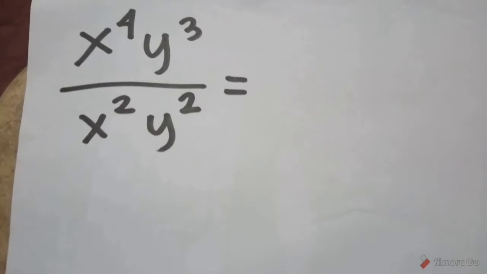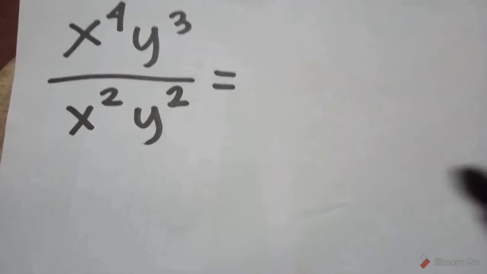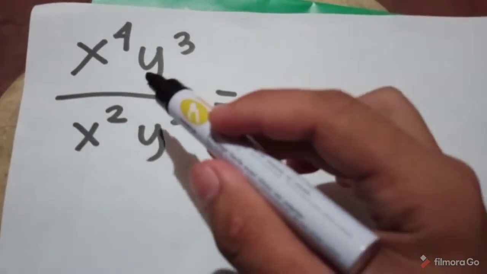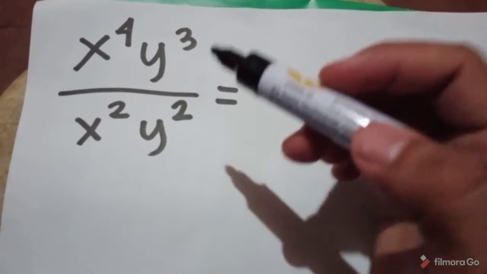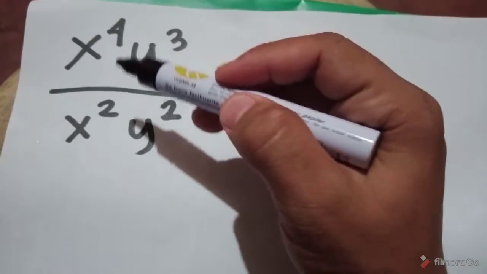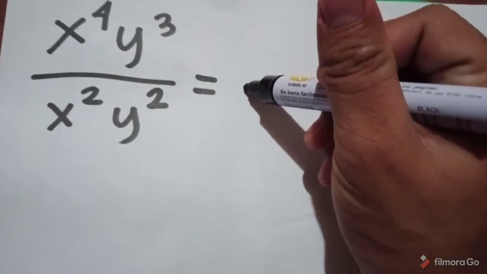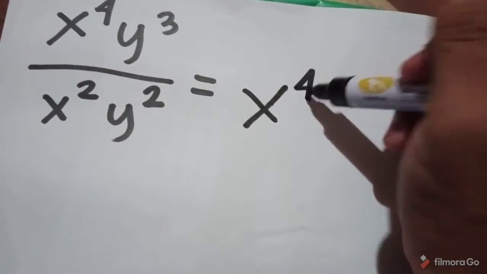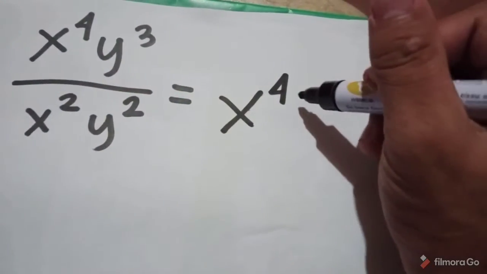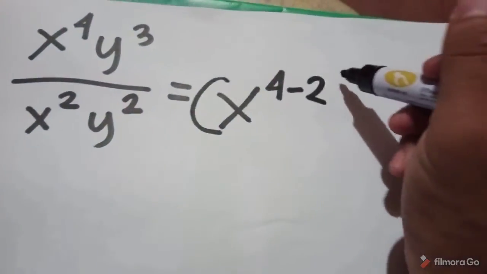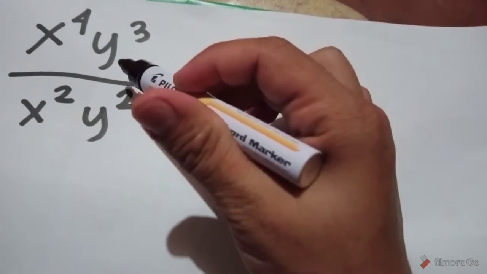Okay, let's apply rule number 4, which is the quotient property of exponents. Note that only common bases can be divided. You just need to subtract the top and the bottom exponent. So here, x is the common base. You just need to subtract the top and bottom. Next is y.